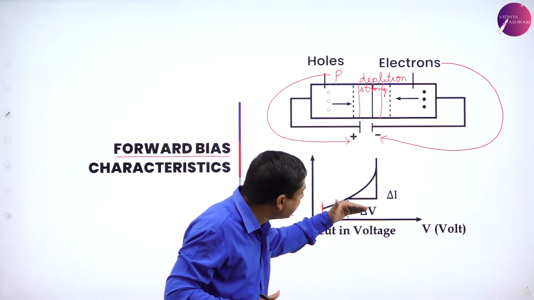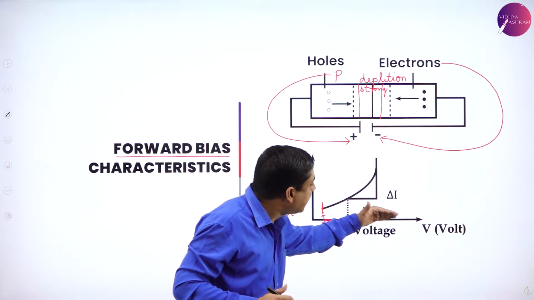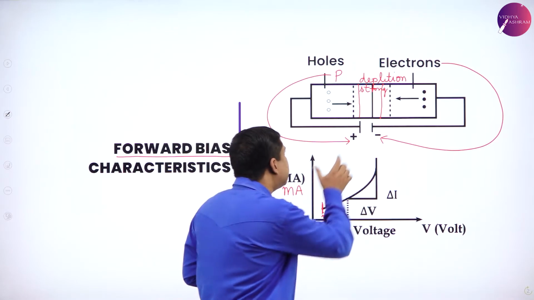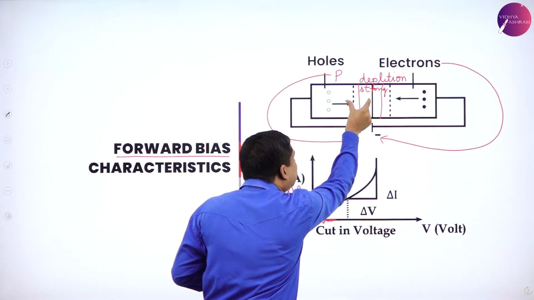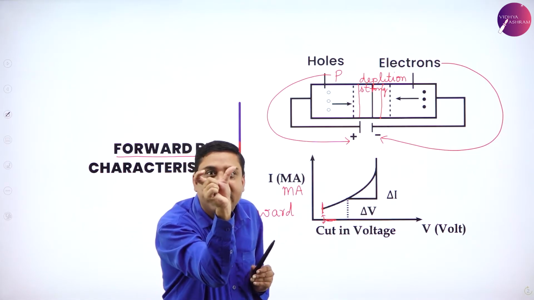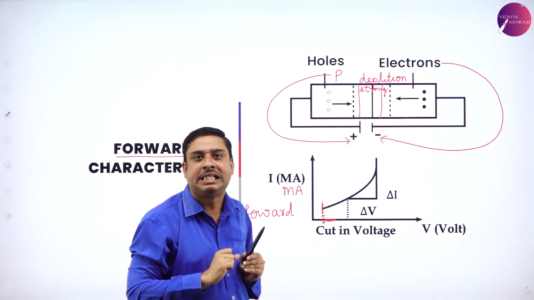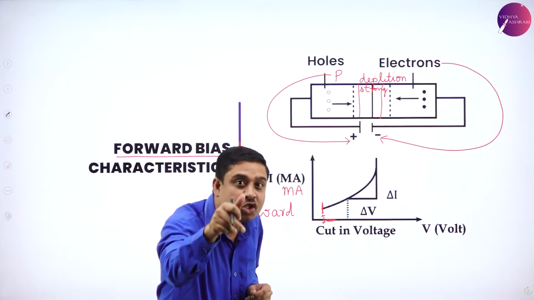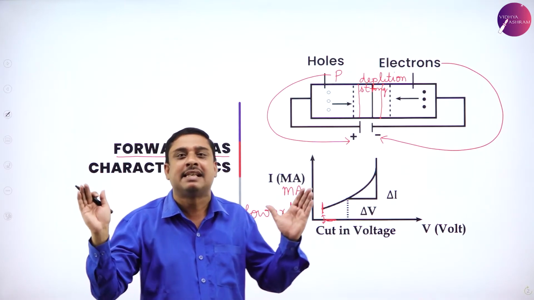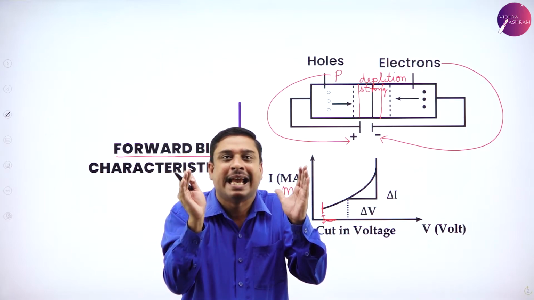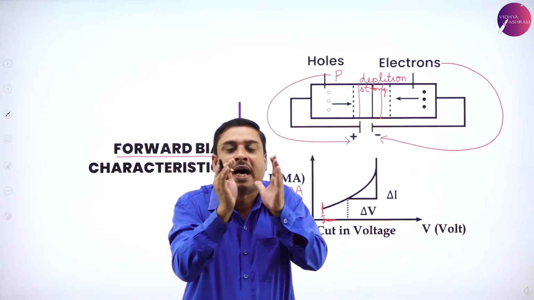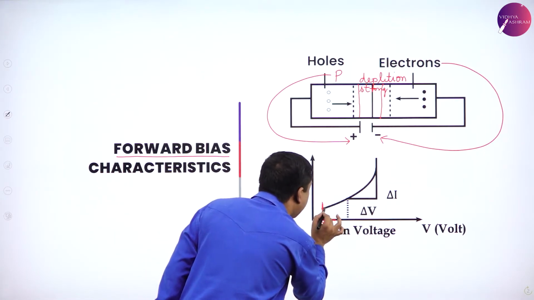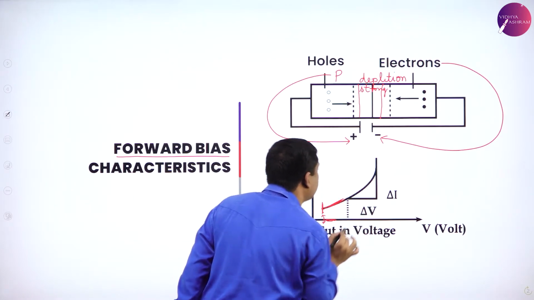As you increase the bias voltage further, the width of the depletion region goes on decreasing, and the barrier potential decreases. As a result, the holes and the electrons move towards each other. They recombine and a small amount of current is constituted.